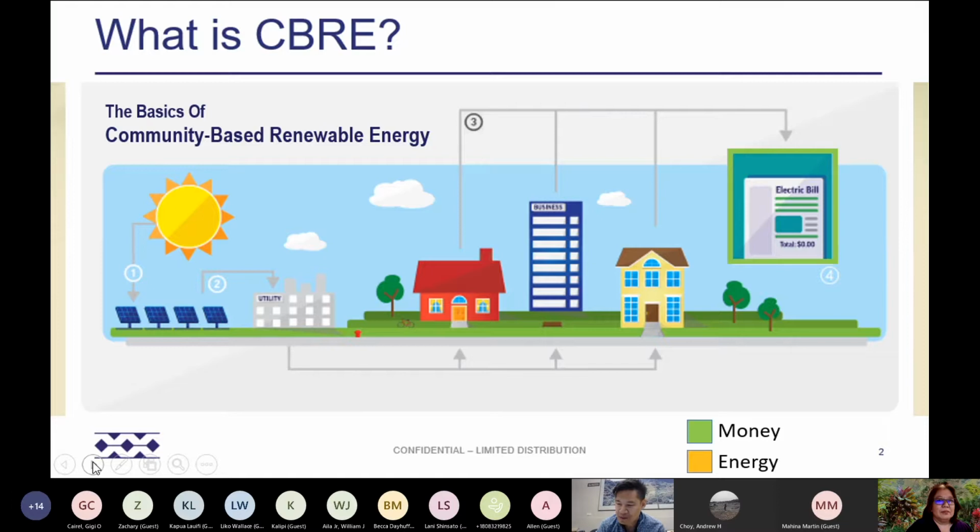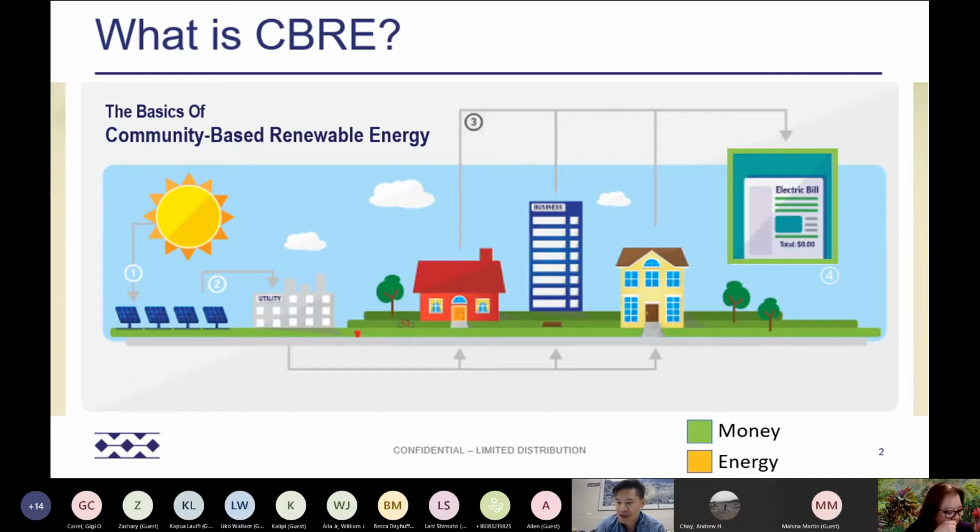The reason we want to have this program is because it enables folks who live in a condo or don't have access to rooftop solar to benefit from solar energy savings. Community-based renewable energy includes many different technologies, such as solar and batteries.